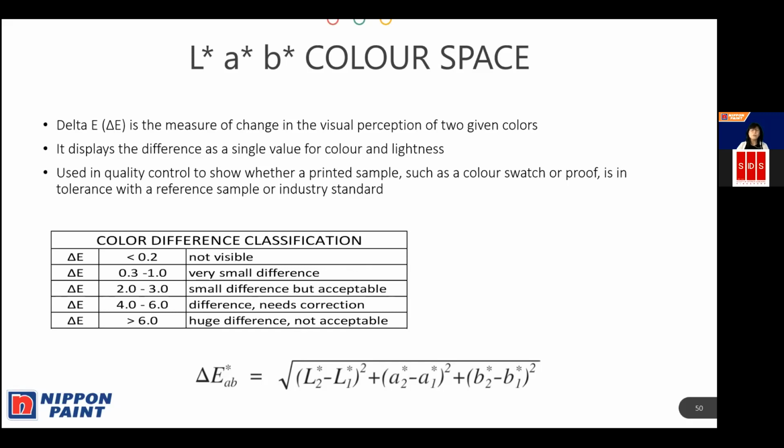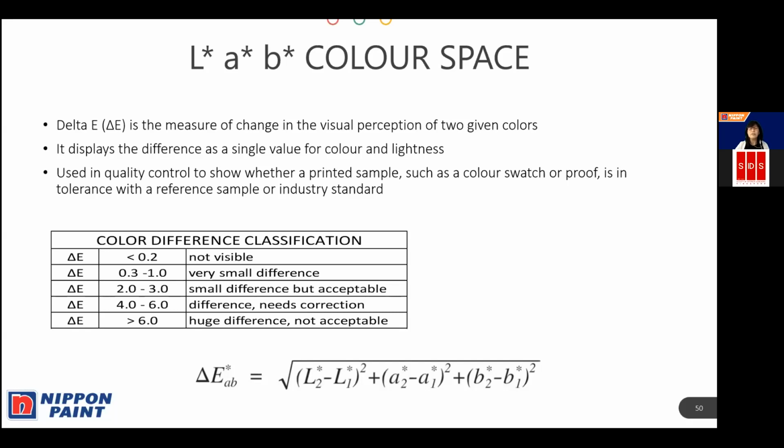So for us in the paint manufacturing sector, any color difference between delta E 2 to 3 is fairly acceptable, so we can set our color difference range within this. Depending on the type of paint, you might set a lower delta E difference. A delta E of 4 and 6 is basically not acceptable to us already.